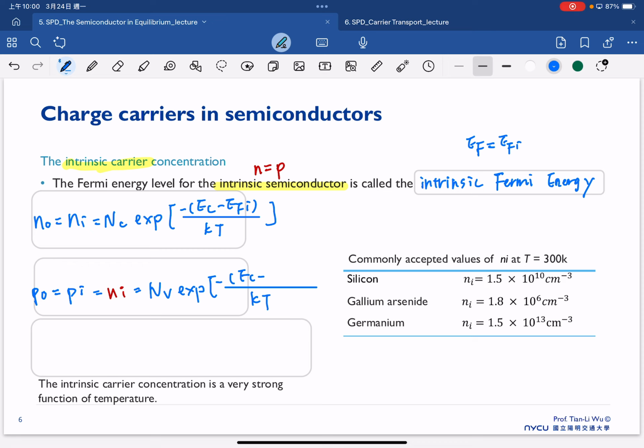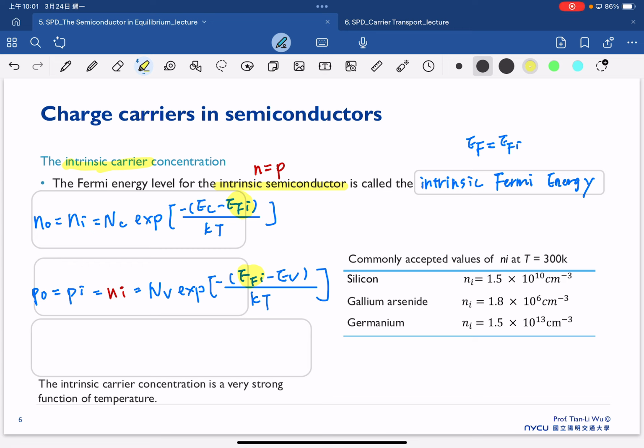Oh no, sorry, this should be EFI minus EV. So this is an equation with which we can estimate the intrinsic hole concentration. Now we just replace the EF with the EFI here. So far it's just the different terms being replaced by the EFI.